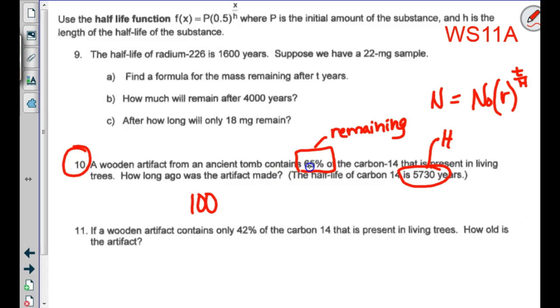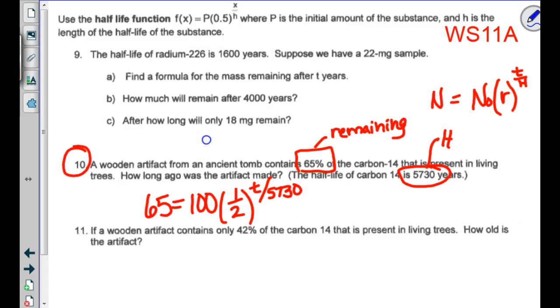So if we started, what's 65% of 100? So we'd say we're ending with 65. It's a half-life question, and T, we don't know, but H is 5730.